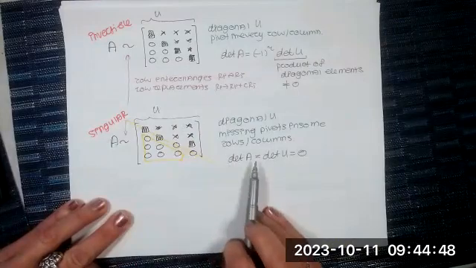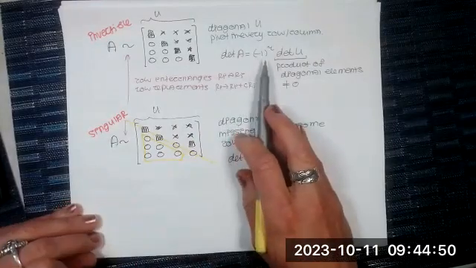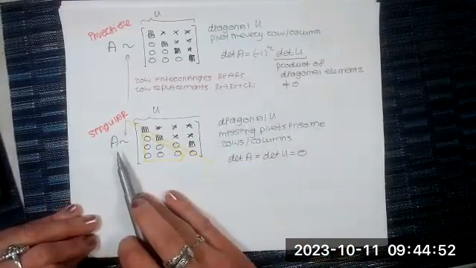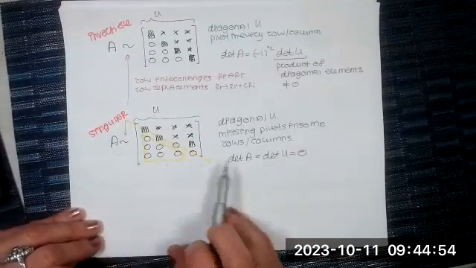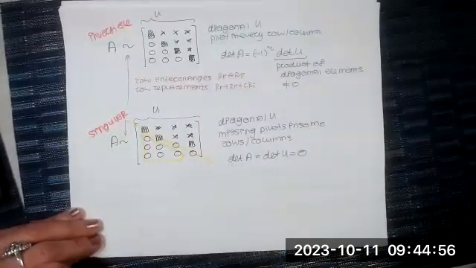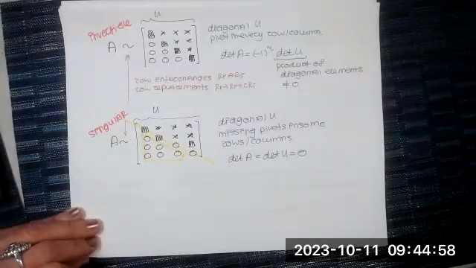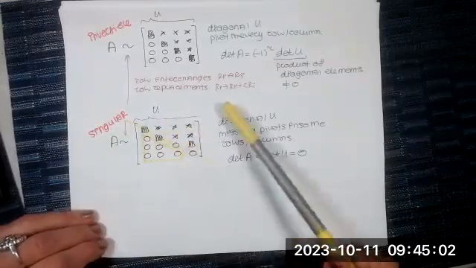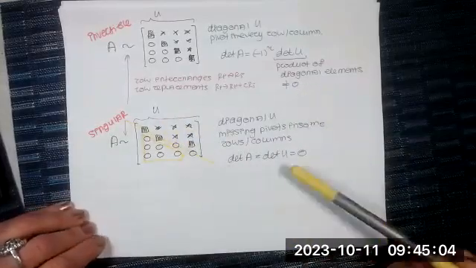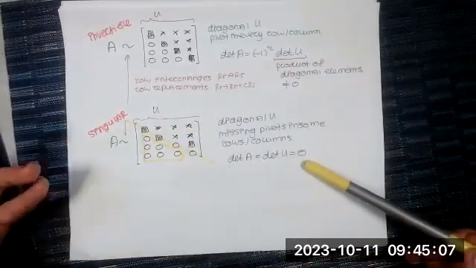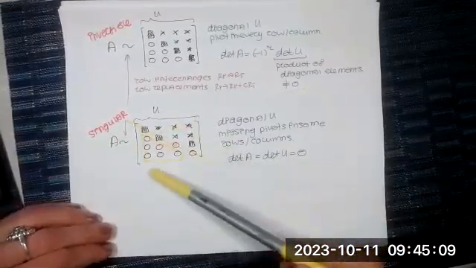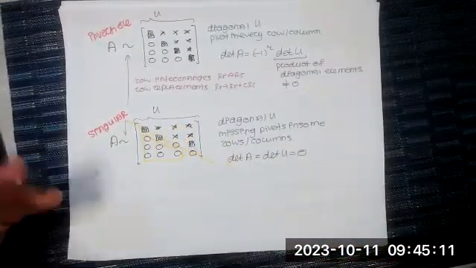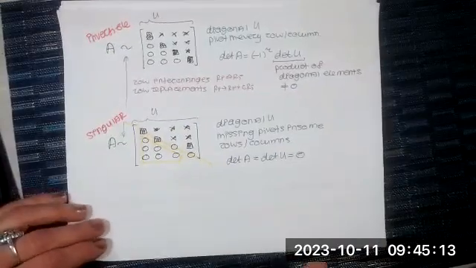And because the determinant of A only differs by a plus or minus sign, the determinant of A is going to be equal to zero. So we're adding another criterion for being able to tell if the inverse of the matrix exists. The inverse exists if and only if the determinant is not zero. But if the determinant is zero, this is equivalent to missing some pivot, so the inverse of A is not going to exist.